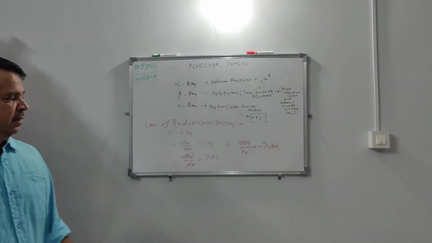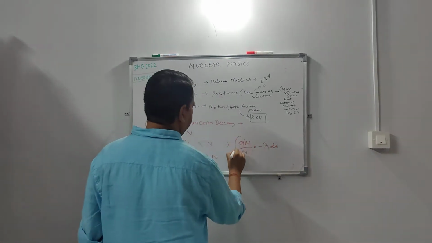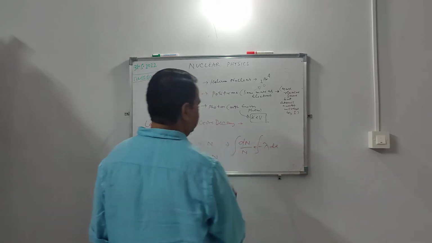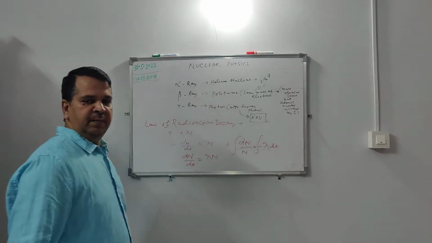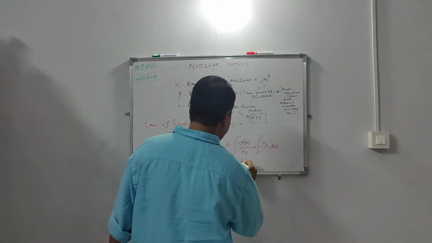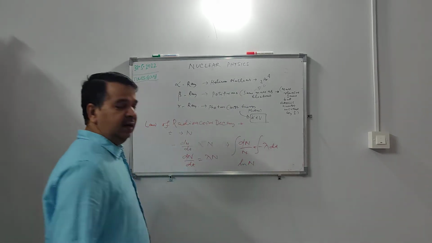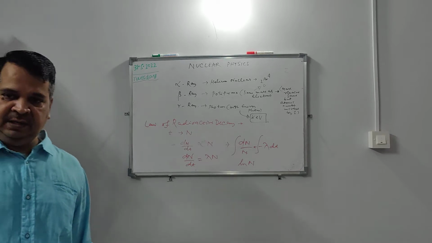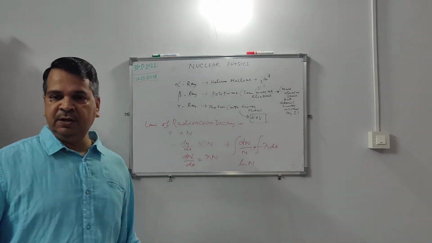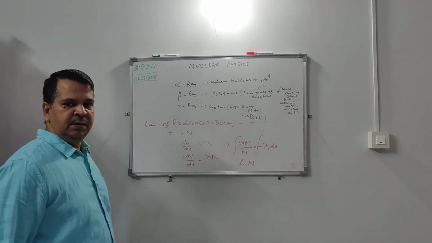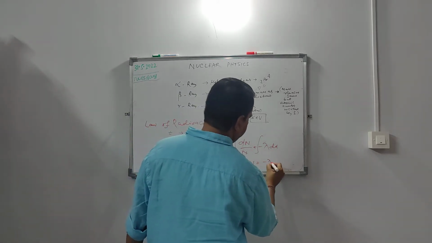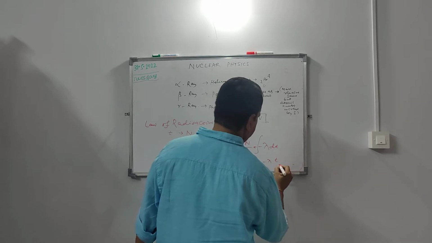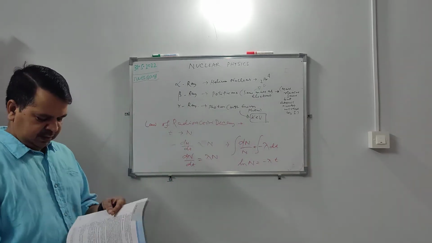Now you integrate it. You know your integration of dN by N is nothing but ln N. What is ln? Ln means it has a base of e. Log has a base of 10. So ln N is equal to minus lambda t. This is my derivation.